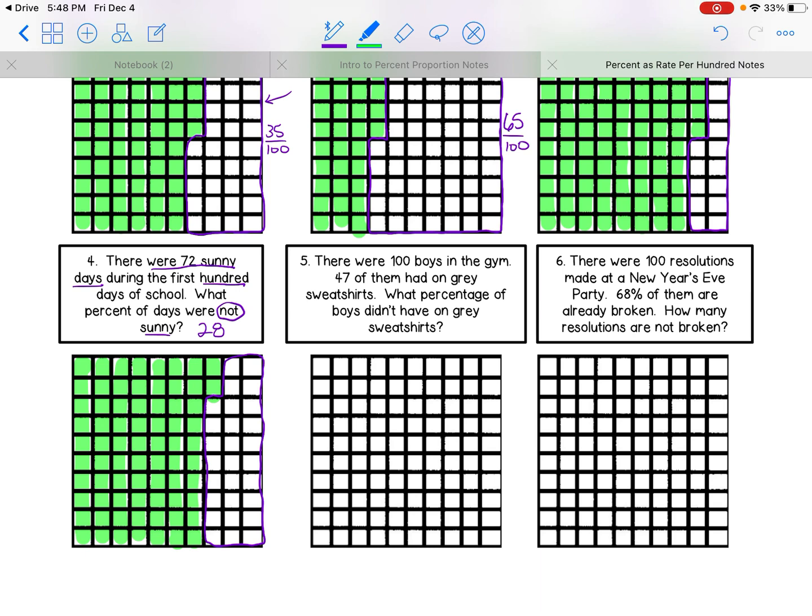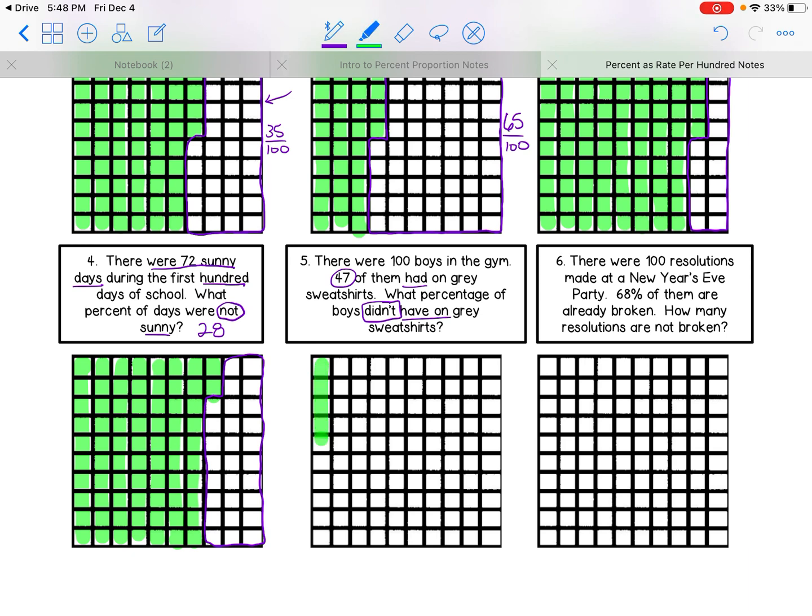Okay, number 5. There were 100 boys in the gym. 47 of them had on gray sweatshirts. What percentage of boys didn't have on gray sweatshirts? So 47 had on a gray sweatshirt, but the question is asking what percent didn't have on a gray sweatshirt.